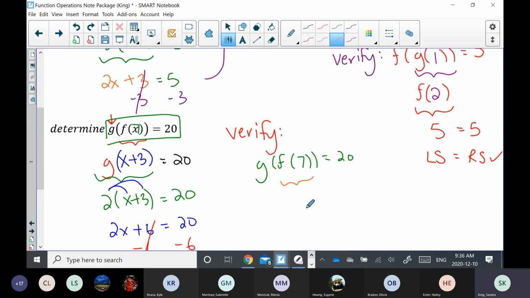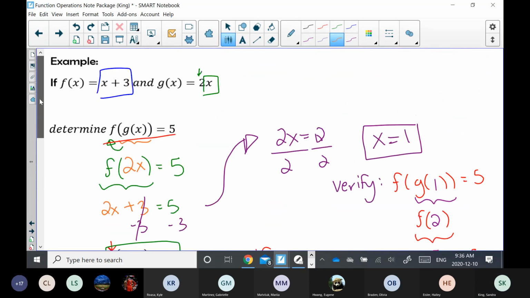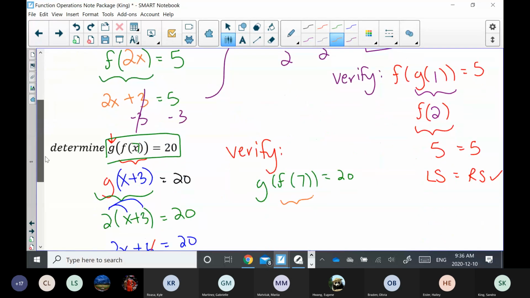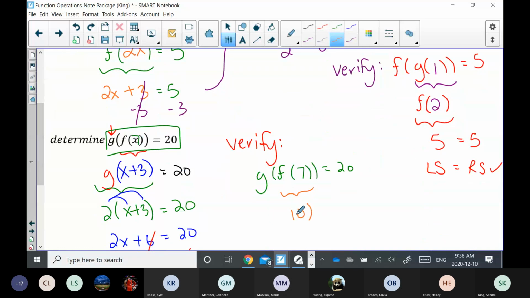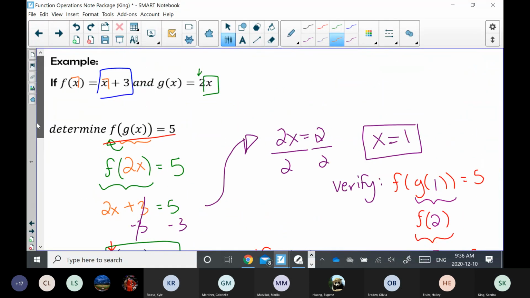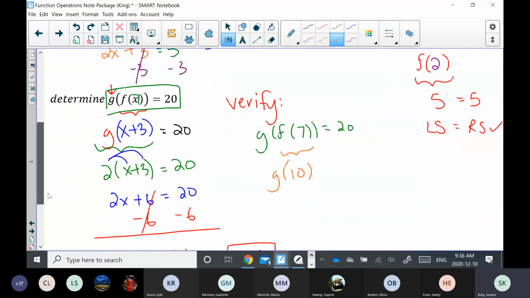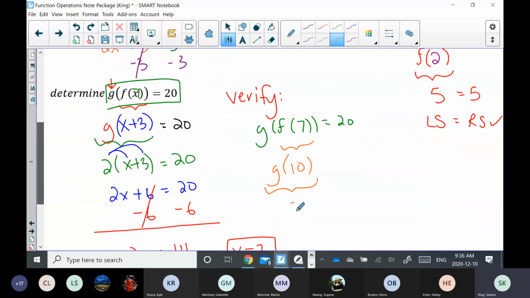What's f of 7? Hopefully you just see it as 10. Input 10 into your g function. 2 times 10 is 20. The g of 10 is 20. On the right-hand side, I had 20. Left side equals right side.